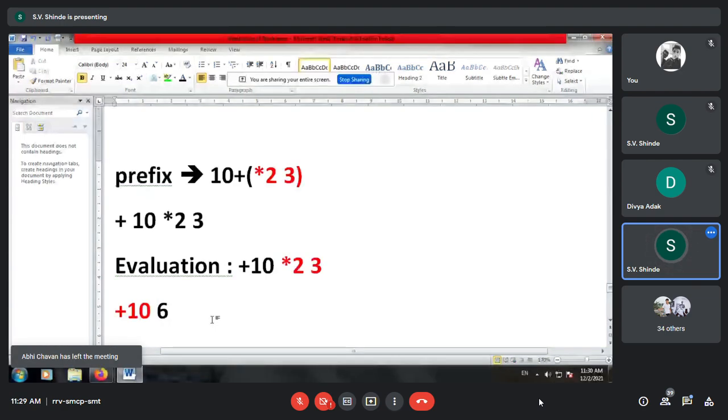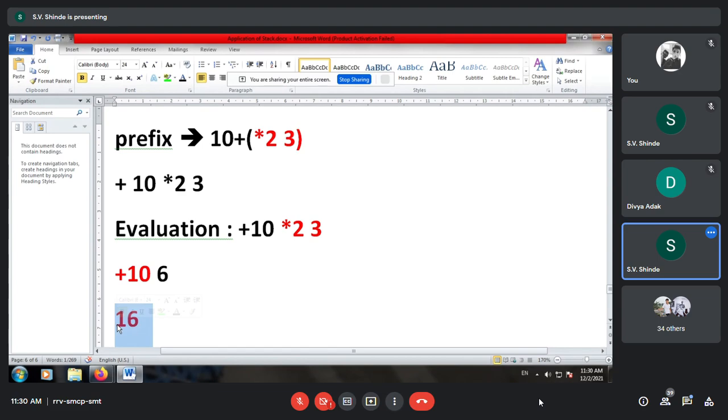Then the second symbol is plus, it is 10 plus 6, and we get the final answer as 16. So these were the basic steps used in prefix evaluation. Yes, participants, are you able to understand the very basics of evaluating a prefix expression to the final result? Yes, any query?